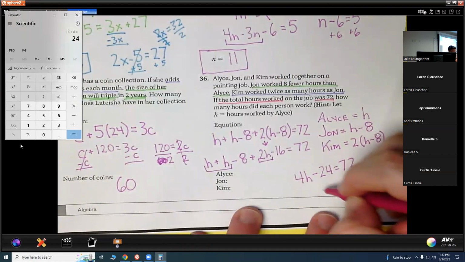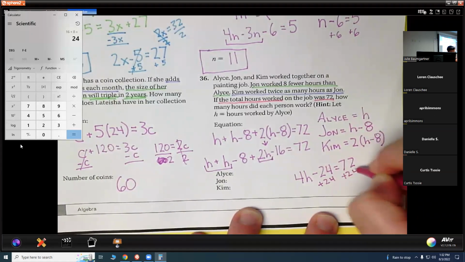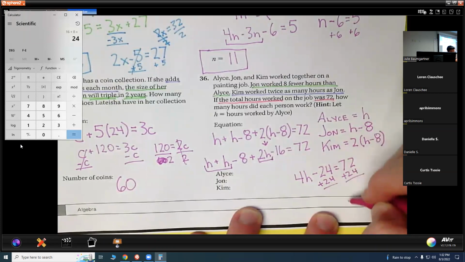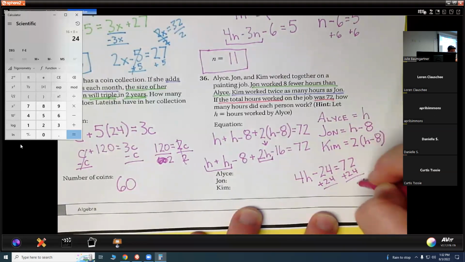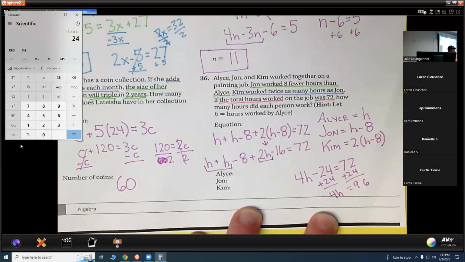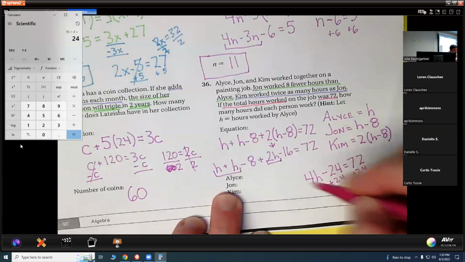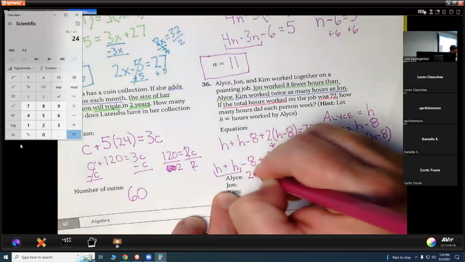Okay, so then let's add 24 to both sides. See if this works. 72 plus 24 is 96. I got 98. Oh, I did something. I'm just kidding. Okay. Sorry. And then 96 divided by 4 is 24. So we know that H equals 24.